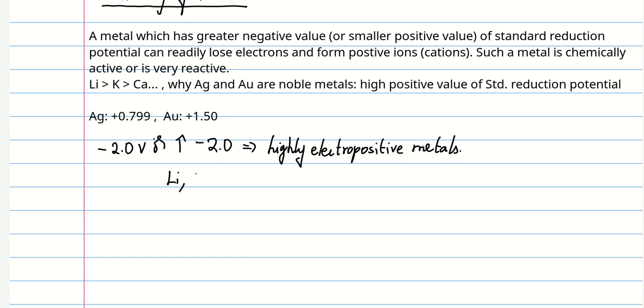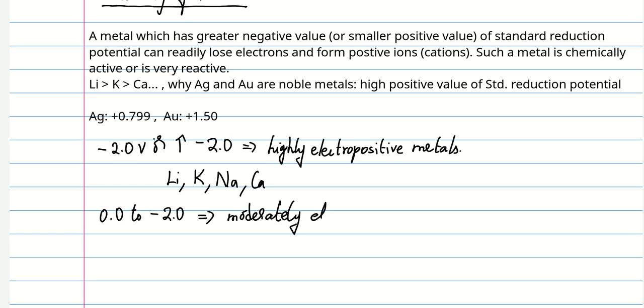Metals like lithium, potassium, sodium and calcium all come under this category. Metals in the range 0.0 to minus 2.0 can be categorized as moderately electropositive metals. Metals like aluminum, zinc and iron come under this category.